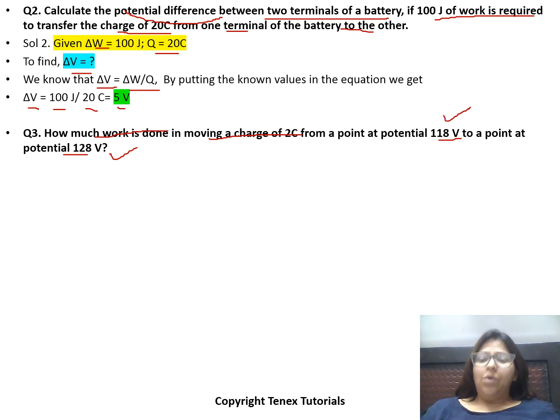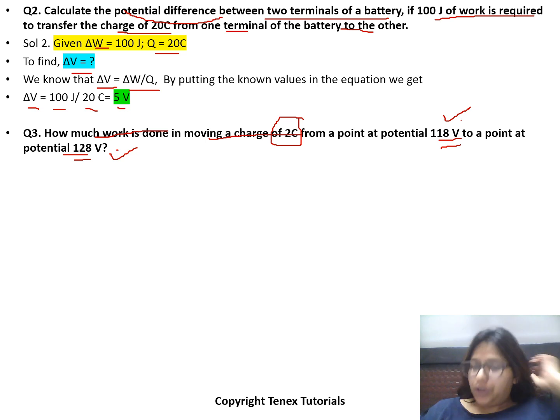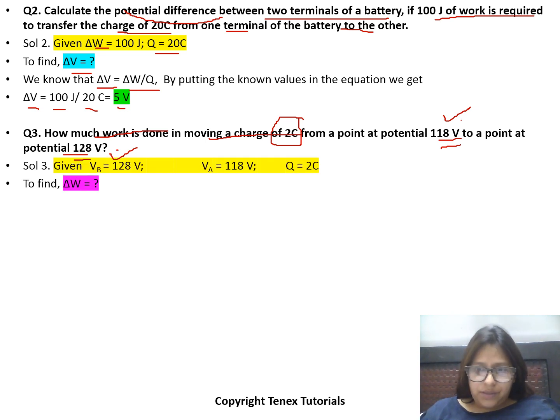The charge of 2 coulomb is being moved from 118 volts to 128 volts. So the initial potential is 118 volts and the final potential is 128 volts, and the quantity of charge being moved is 2 coulomb. We need to calculate the work done in order to move this charge from one potential to another. Let us see how we solve this one.